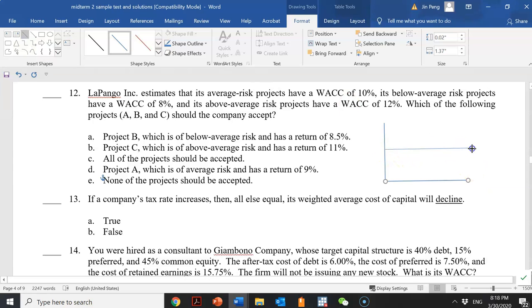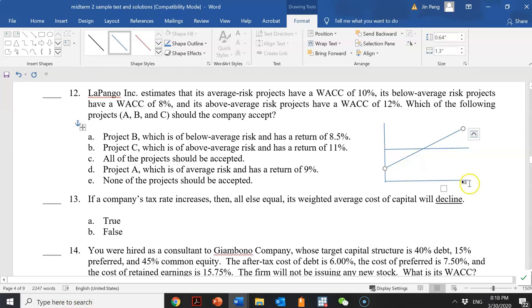A composite WACC line might be just a set number like this, say 10%. We cannot use composite WACC. We need to use a risk-adjusted WACC line like this.